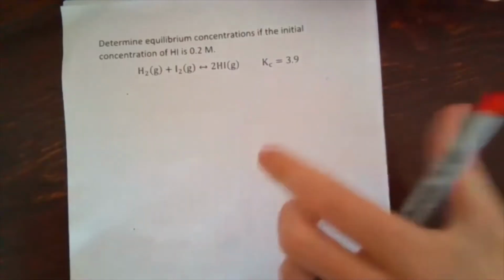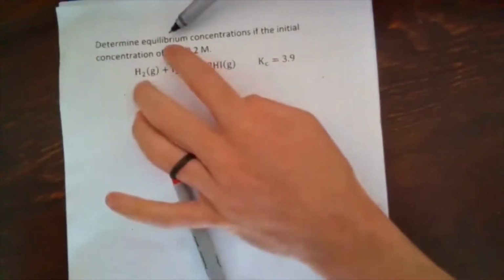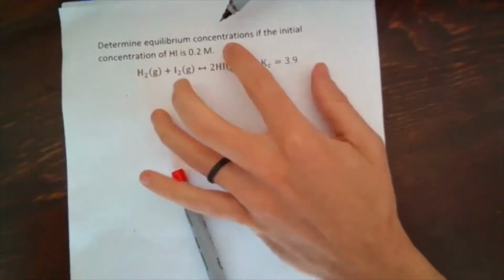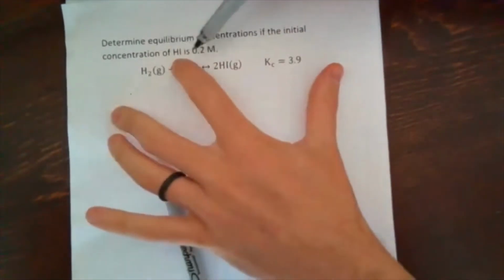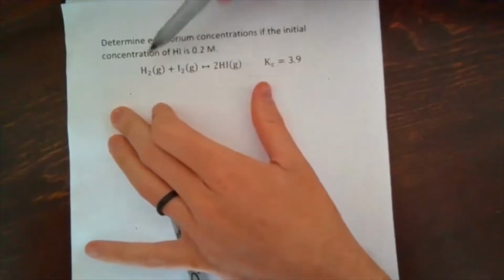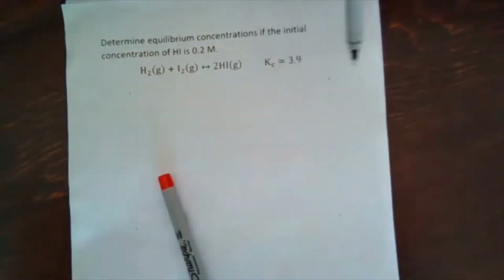All right, so in this problem, we want to determine equilibrium concentrations based on the initial concentration of some of our species. This is a really common problem where you've prepared a reaction mixture, and you want to know what it's going to look like when it gets to equilibrium. What are all of the concentrations of all of my substances going to be?